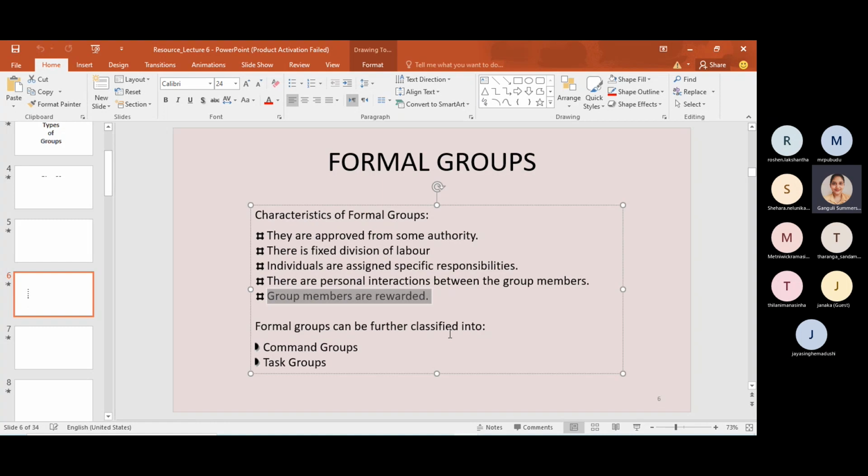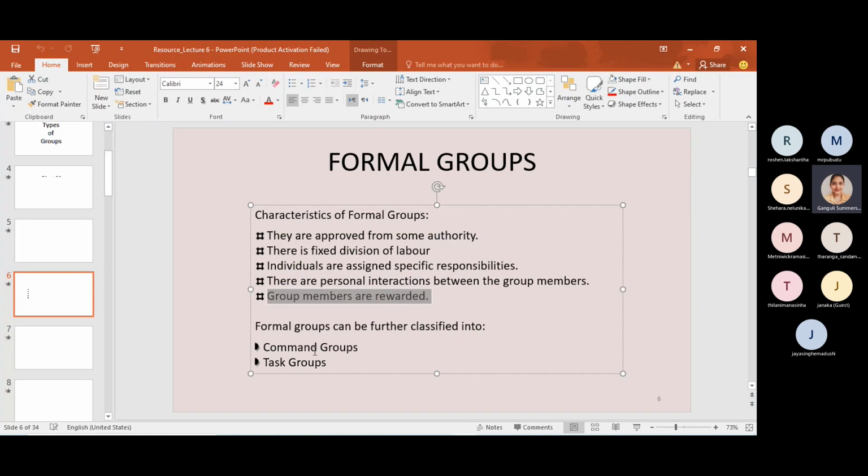You don't have salary increments, promotions, or benefits in informal groups, right? In formal groups, that is there. So when they perform really well in the group, you can reward them accordingly.